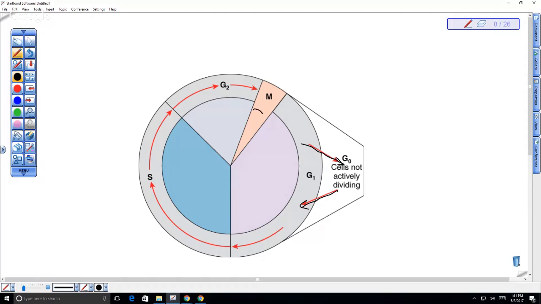So notice that the actual cell division is a short period of time. G1 is probably the longest. S is the second to the longest, and then G sub 2 is the second to the shortest. And so that pie chart shows the amount of time that a cell, like in an embryo, would be spending in each of the different parts of the cell cycle.